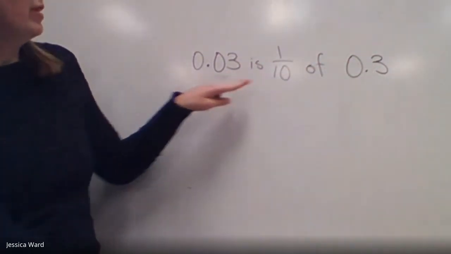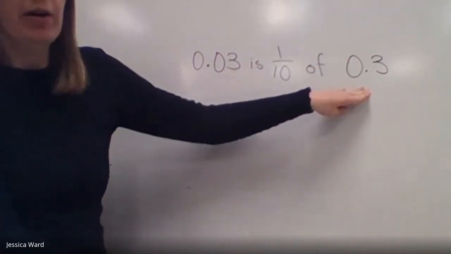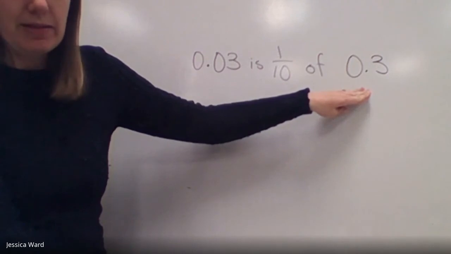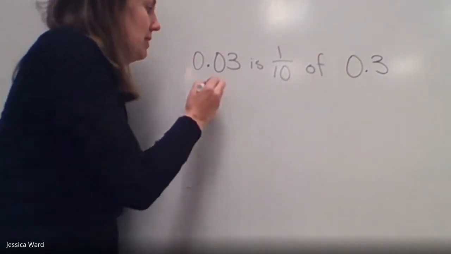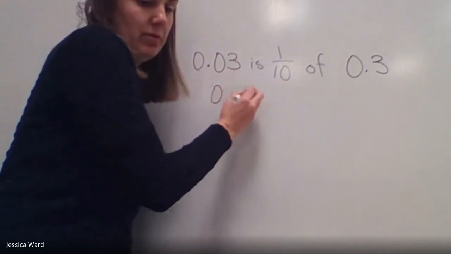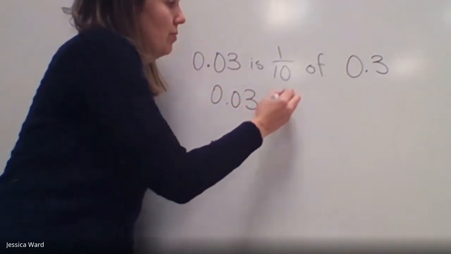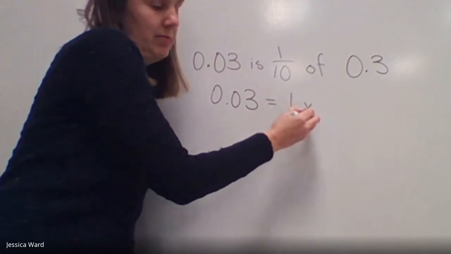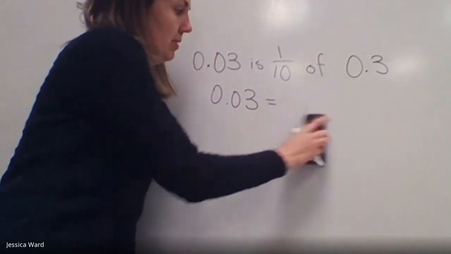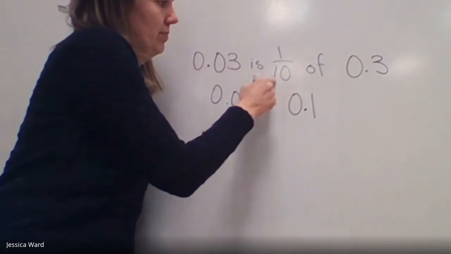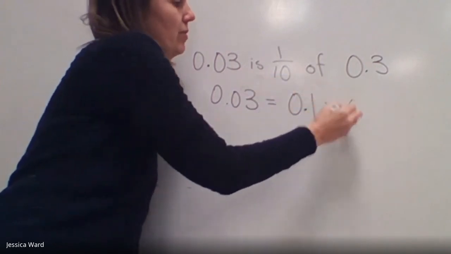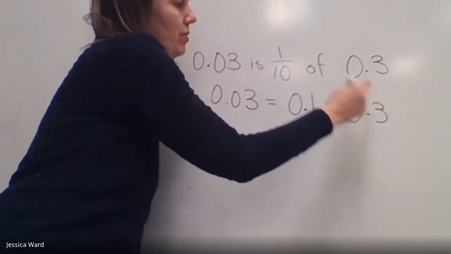So 0.03 is 1/10 of 3/10. An equation that you could write would be 0.03 equals 1/10 of 3/10.